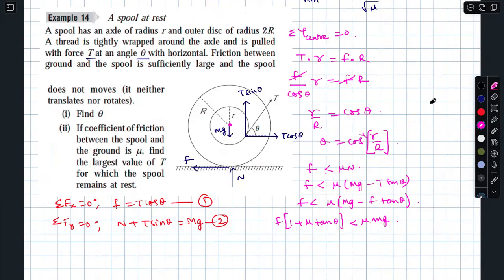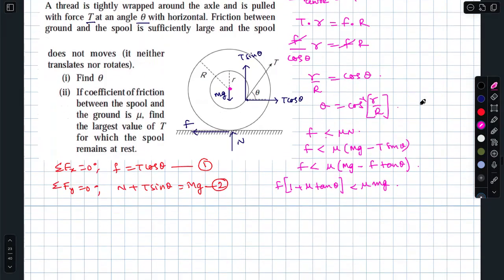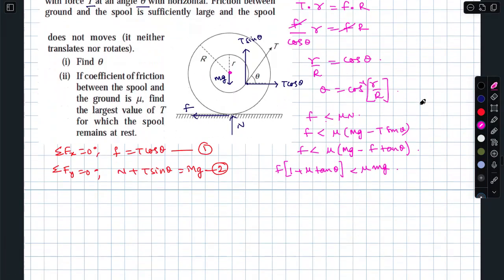You want a coefficient of friction actually. Maximum value of tension. Yeah.